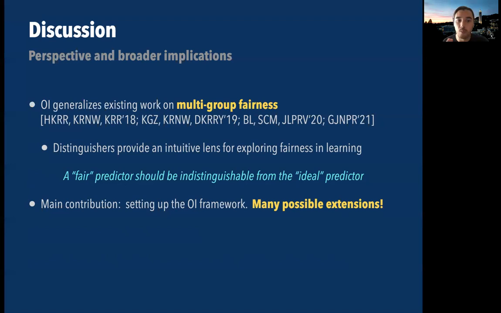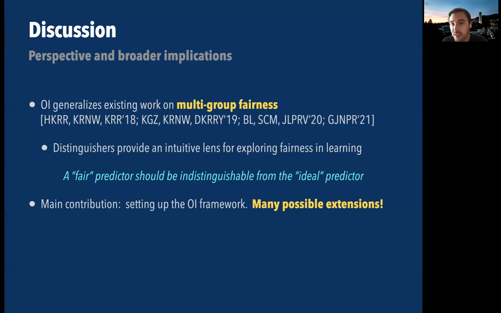In particular, one idea that is tempting to state, but a bit more challenging to formalize, is that a fair predictor should somehow be indistinguishable from the ideal predictor. Now, if the ideal is nature, if you're confident that the samples you're getting are from the ground truth, best possible distribution, then maybe our framework of OI basically already handles this.